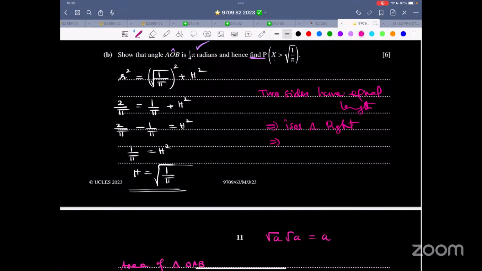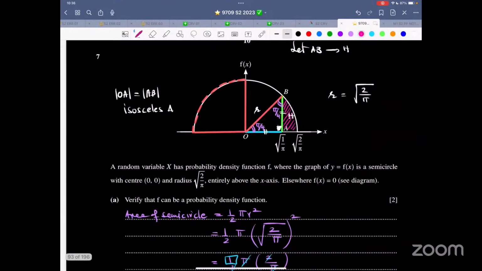And therefore, there is a 90-degree angle, a 45-degree angle, and another 45-degree angle. Therefore, this is pi by 2, this is pi by 4, and the other one is also pi by 4. That is the basic logic.